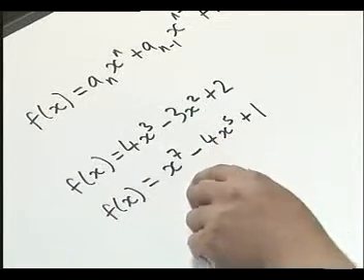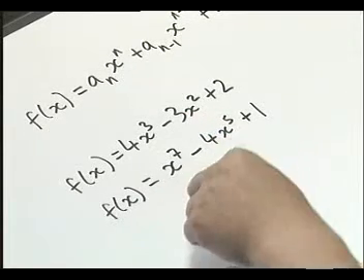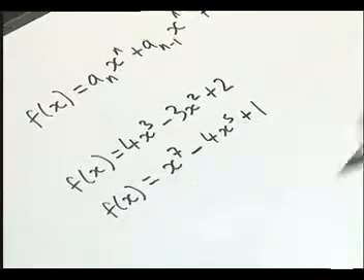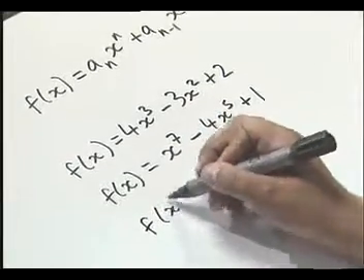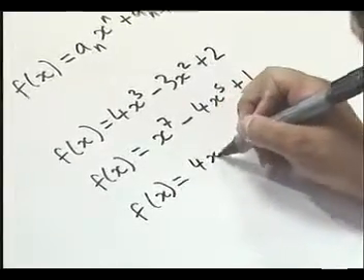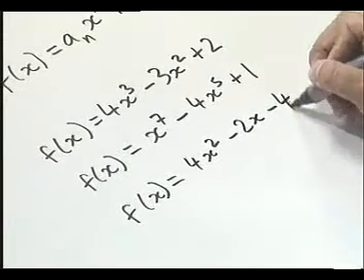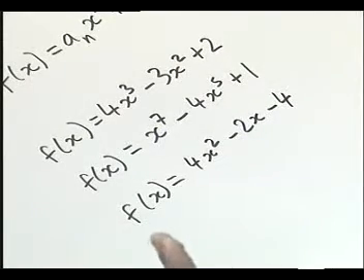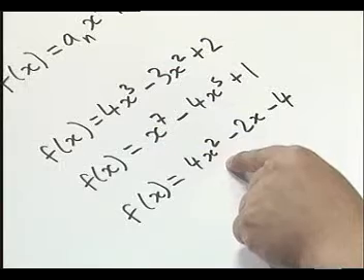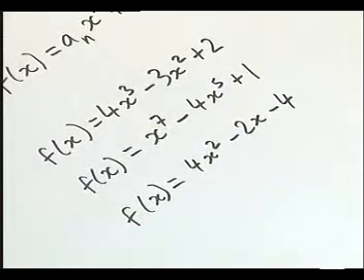The important thing is that the highest power of x is 7, and that's why it's a polynomial of degree 7. And the final example, f of x equals 4x squared minus 2x minus 4. It's a polynomial of degree 2 because the highest power of x is 2. And it's often called a quadratic.